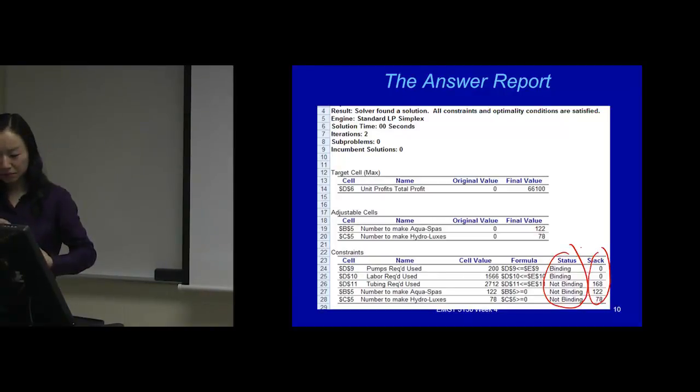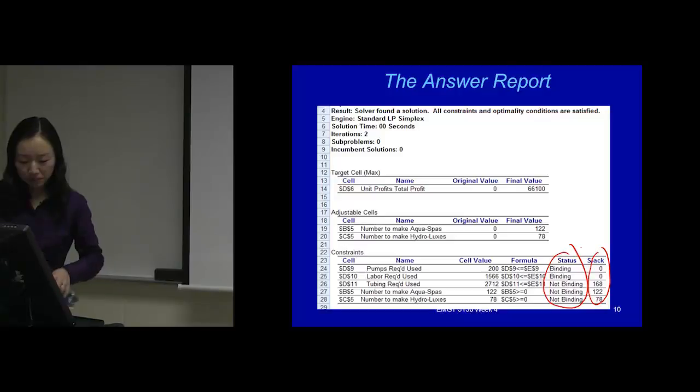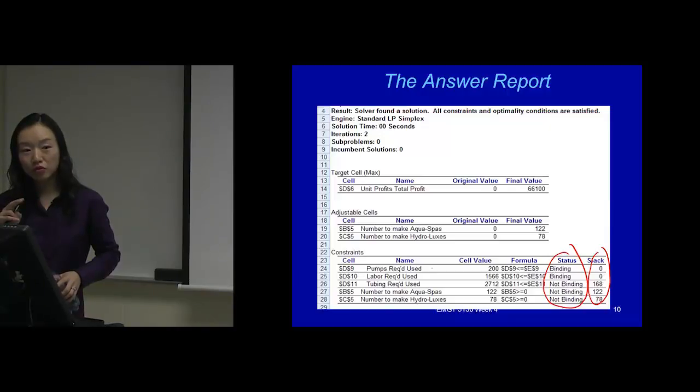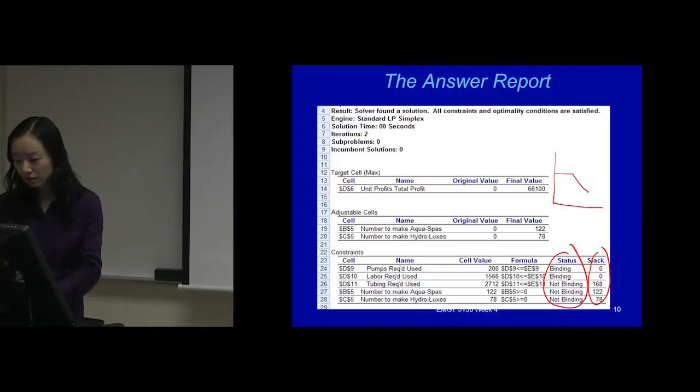Look at this. Okay, which one uses all of them? Right, pump and labor. Remember, those 2 resources are all used up, right? And the tubing is not used up. So you can see that, and we remember the graphical solution is here, right?